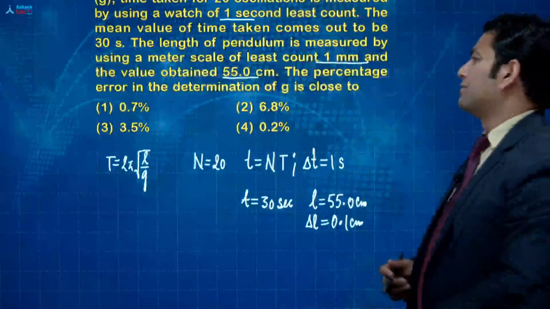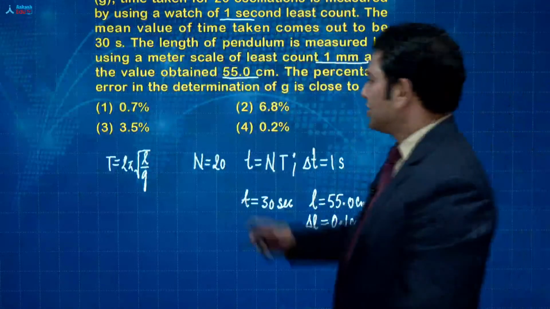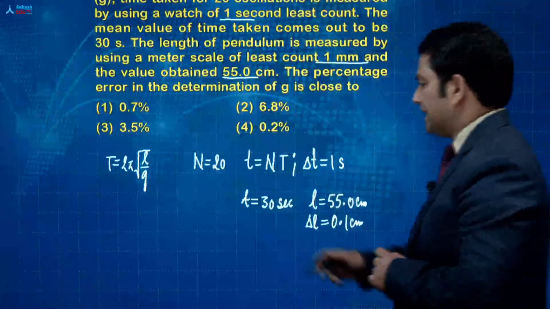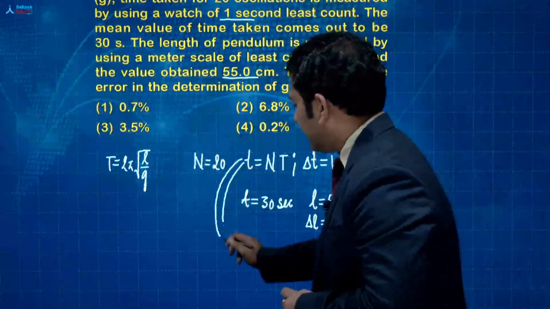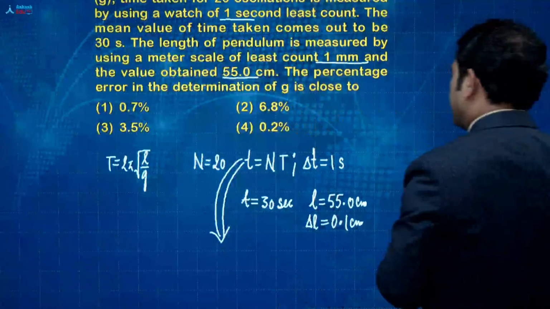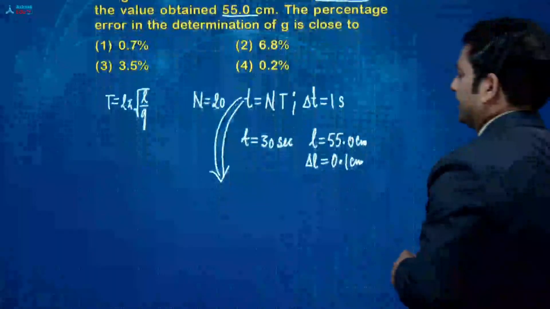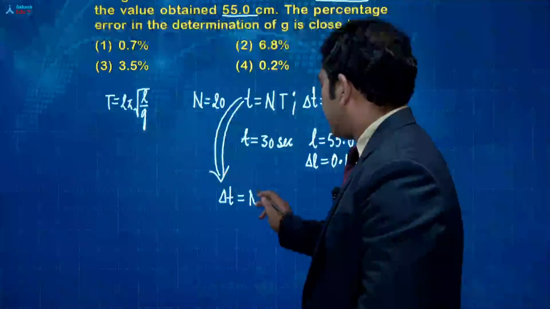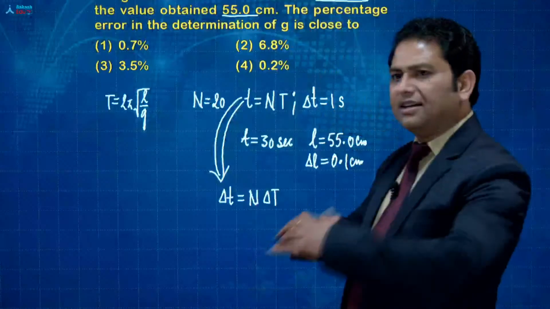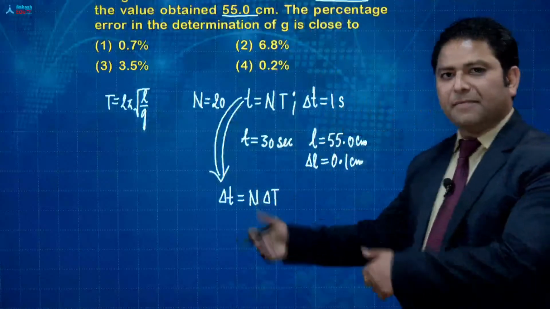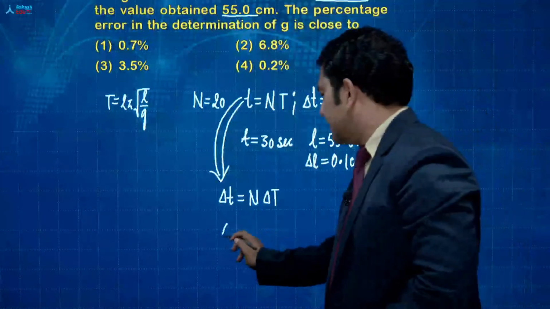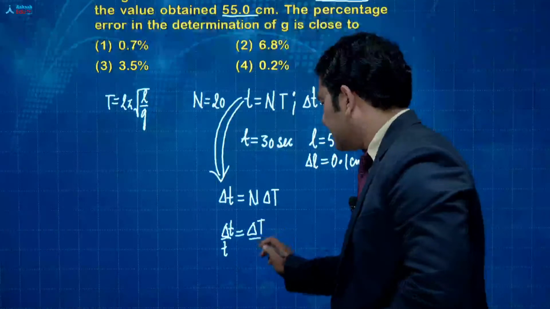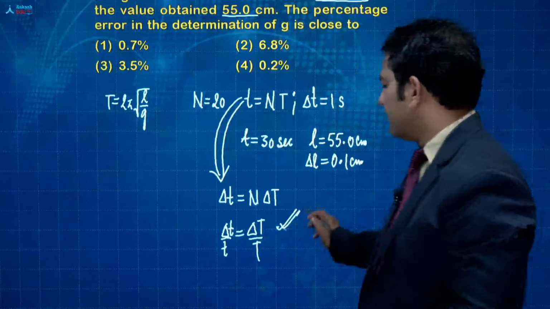हमें निकालना है the percentage error in determination of g. अब एक चीज बहुत ध्यान से देखना है. यहाँ पर the greatest idea is here. Delta small t will be N times delta capital T. The entire decisive factor is here. यानी delta t by t अगर आप divide करेंगे that's delta capital T by capital T. Remember this is a very important one.